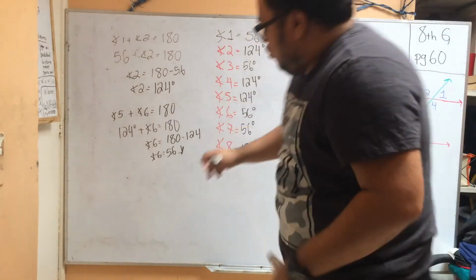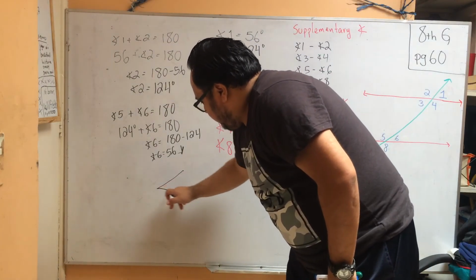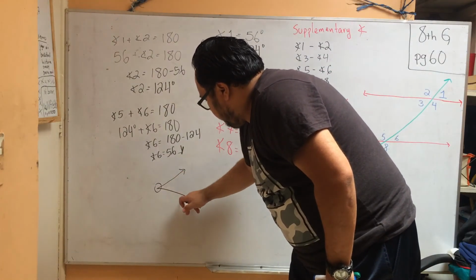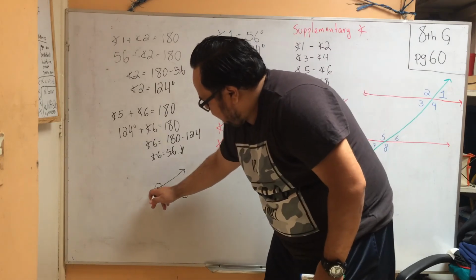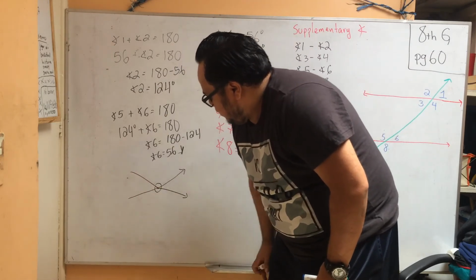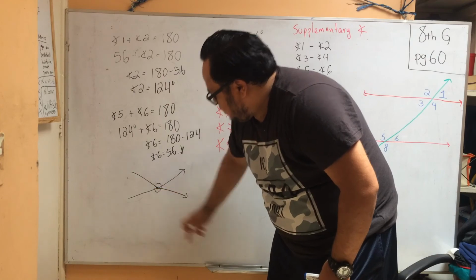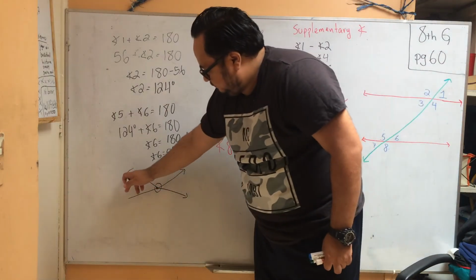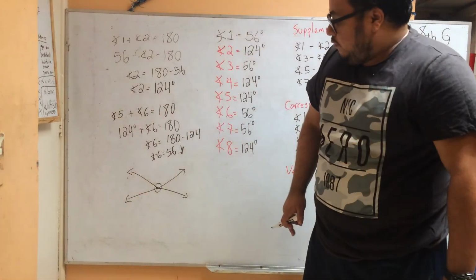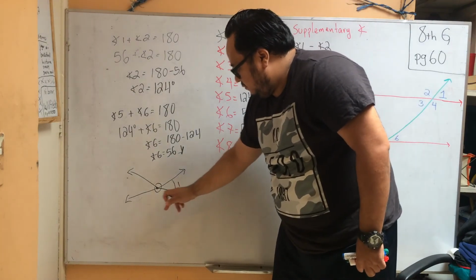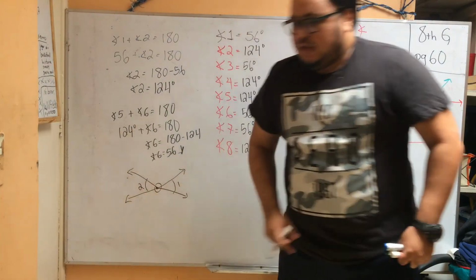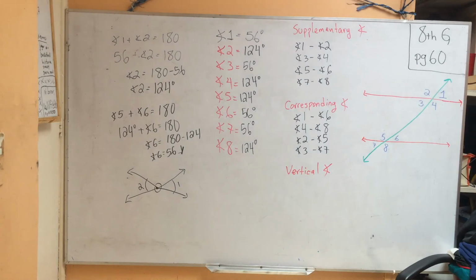So if we put it into a diagram, this point is the vertex. And if we have other angles forming, they meet on this vertical point. So vertical angles would be this one and this one, because they share the same vertex.